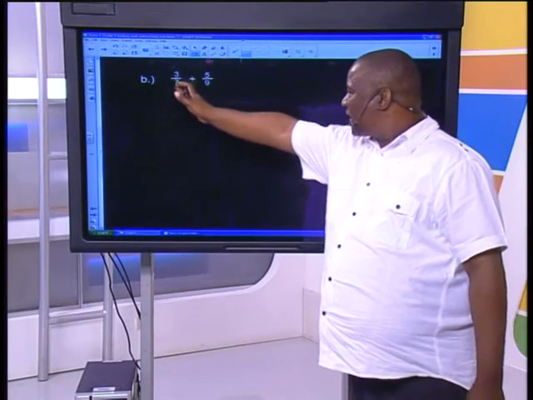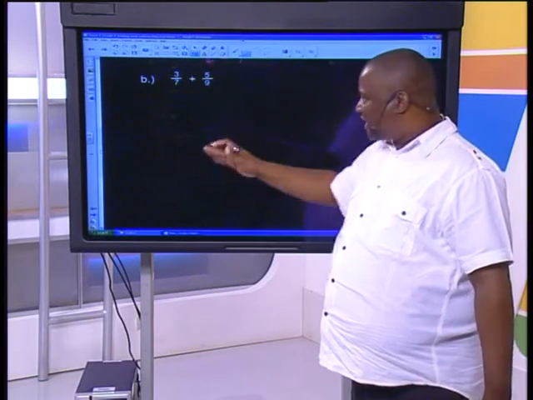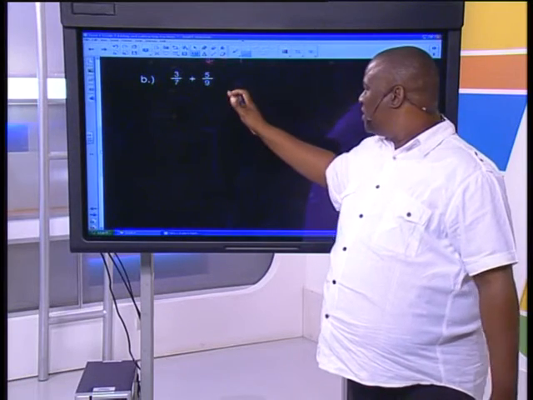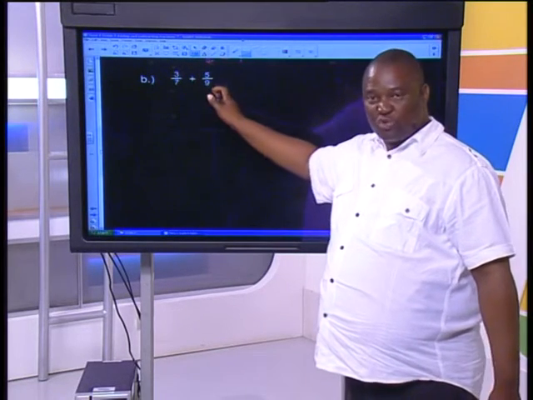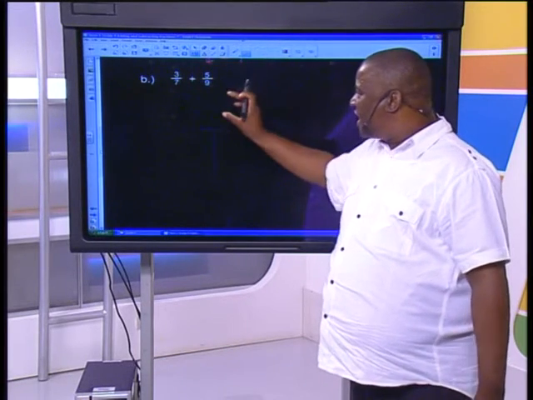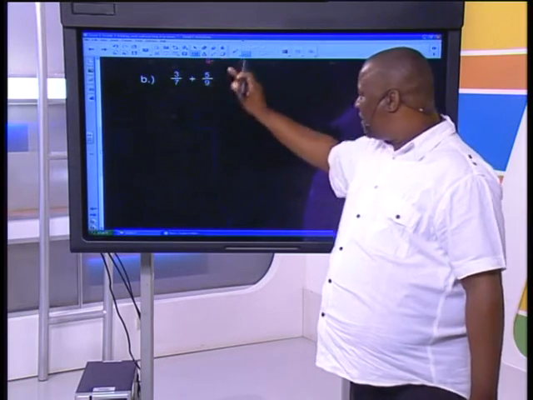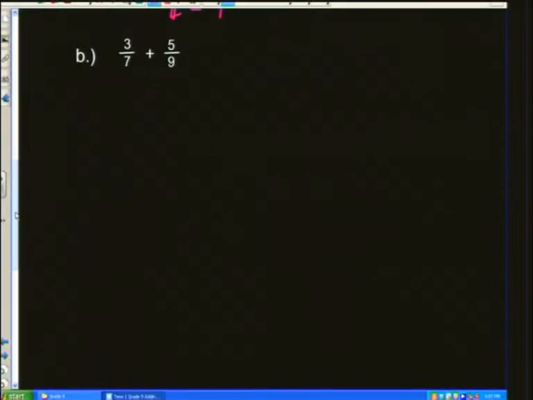So we're going to get the multiples of 7 and the multiples of 9, and from those common multiples, we take the lowest common multiple and make it our common denominator. So 3 over 7 plus 5 over 9. It's easy to get it.